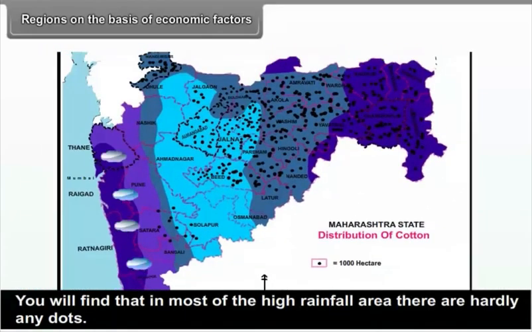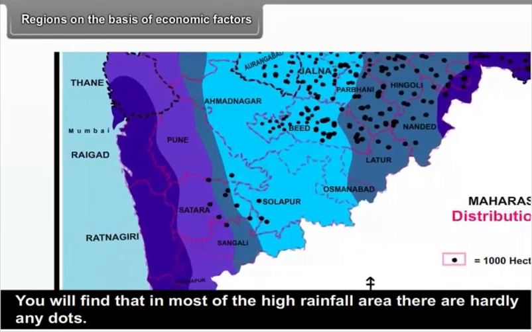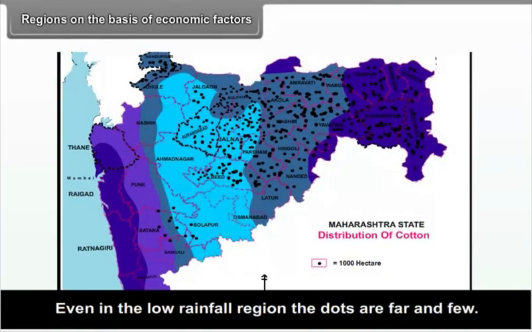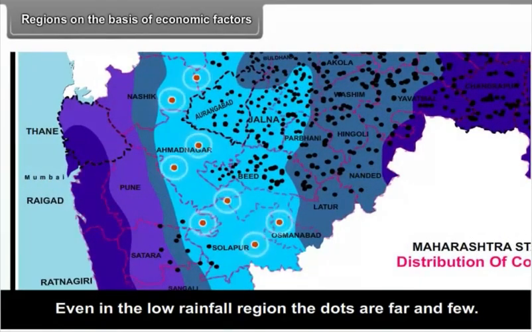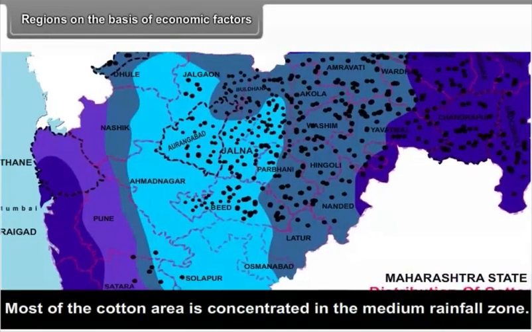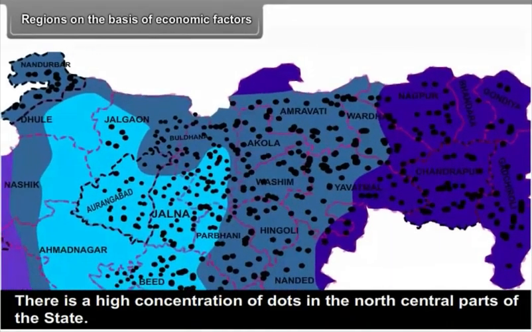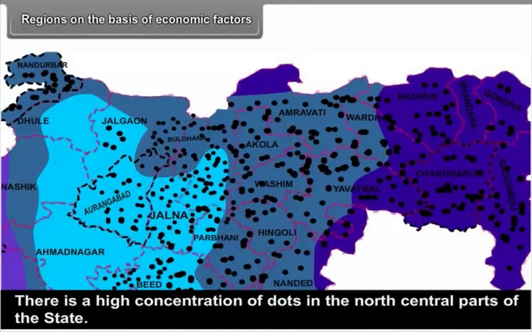You will find that in most of the high rainfall and very high rainfall area, there are hardly any dots. Even in the low rainfall region, the dots are few and far between. Most of the cotton area is concentrated in the medium rainfall zone. There is a high concentration of dots in the north-central part of the state.